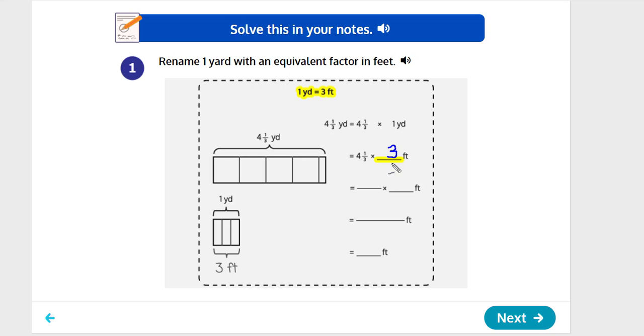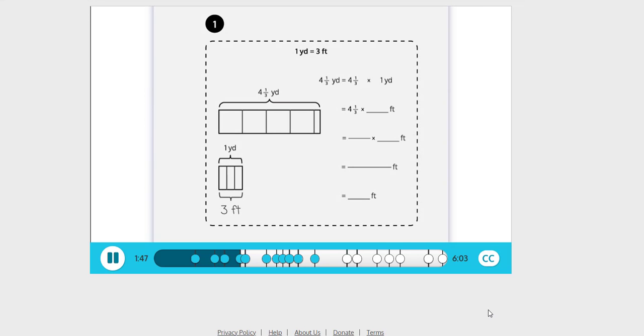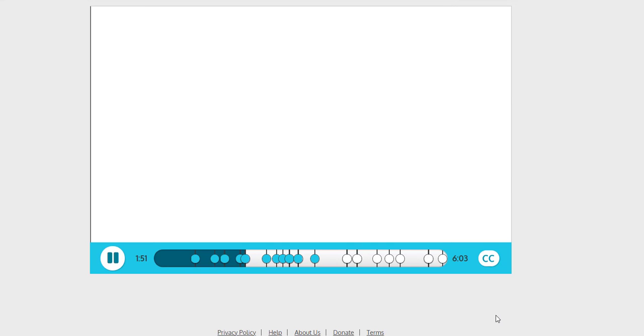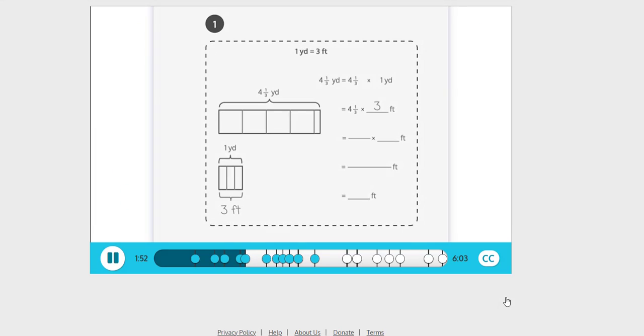Three feet equals 1 yard, right? I'll rename 1 yard as 3 feet. Check your work. Hey, we got it right. Yay! Let's express 4 1/3 as a fraction greater than 1.